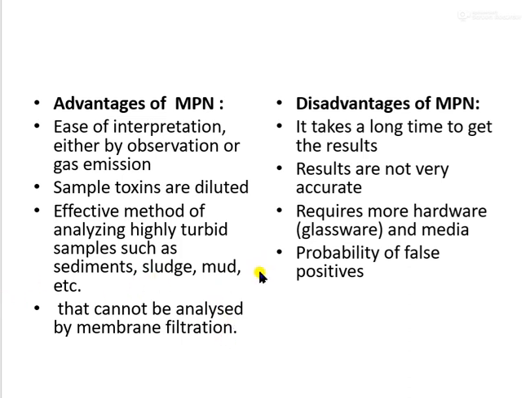The disadvantage is that it takes a long time to get results, because you have to wait 24 to 48 hours for each of the presumptive, the confirmed and then the completed tests. It also requires more hardware, glassware and media, and sometimes we could get false positive results.